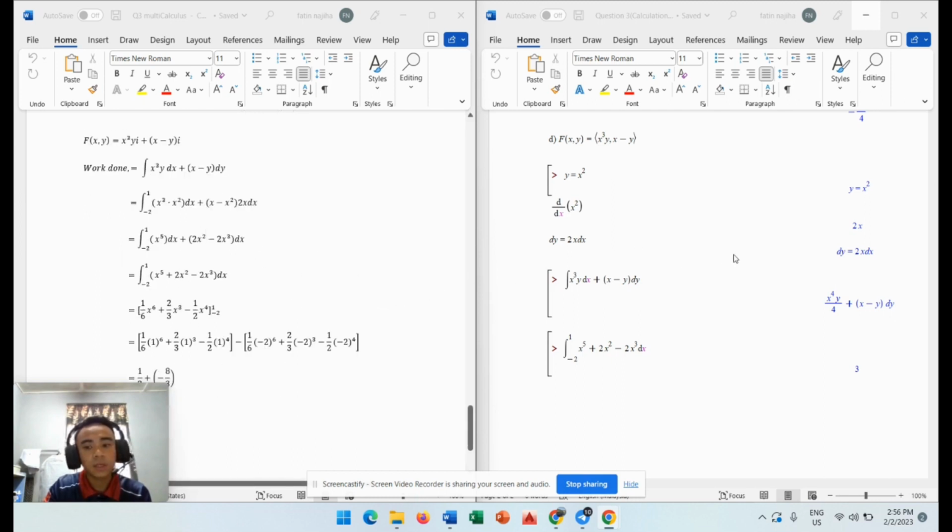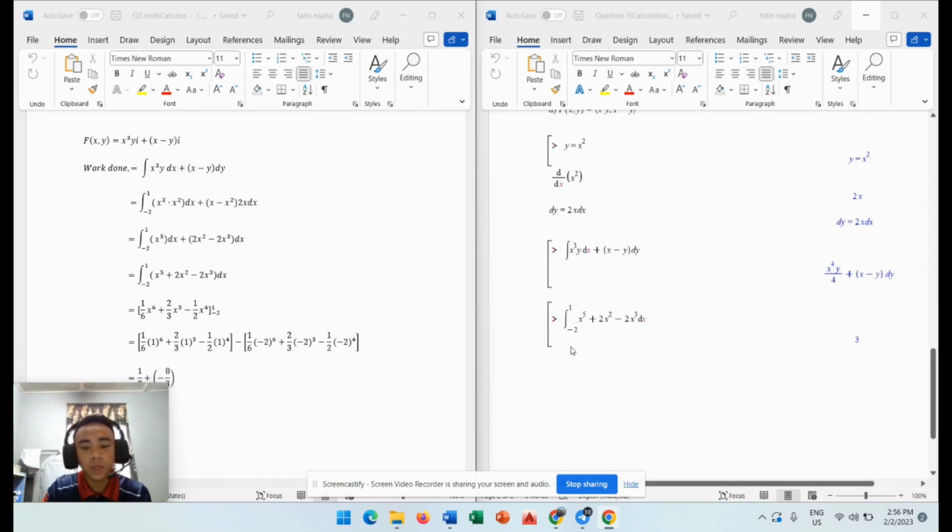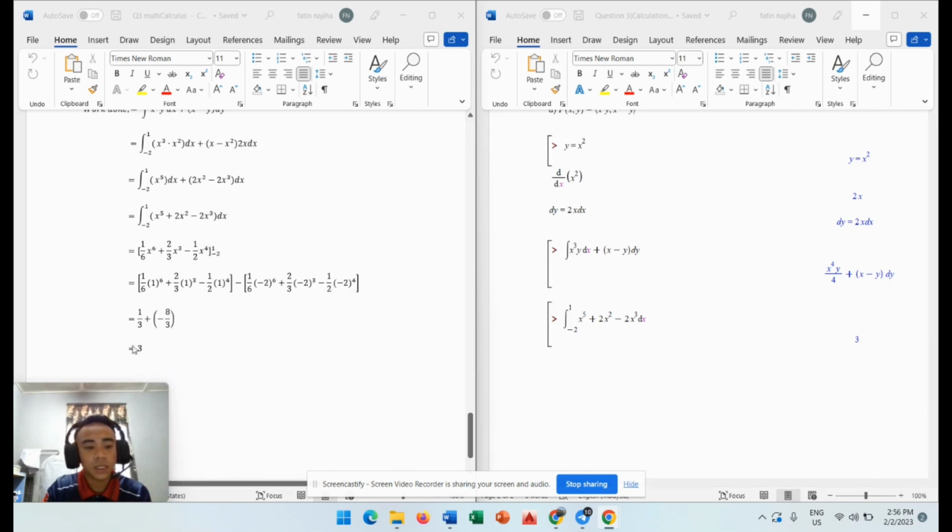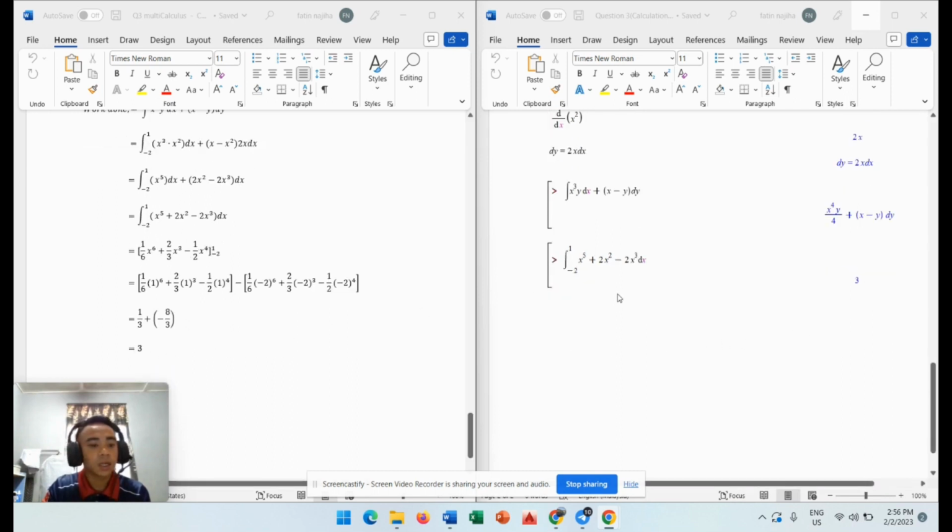Then we do the normal calculation, and the limit is -2, 1. In Maple we substitute the limit -2, 1, and we get the answer 3. Okay, that's all for me. Thank you.